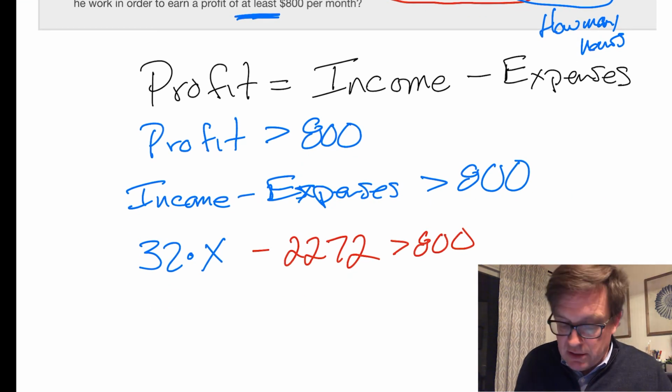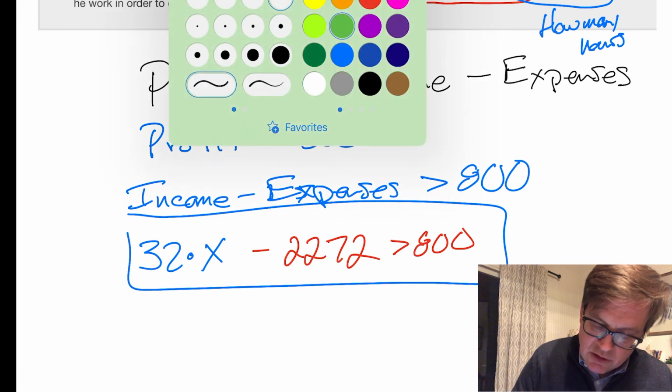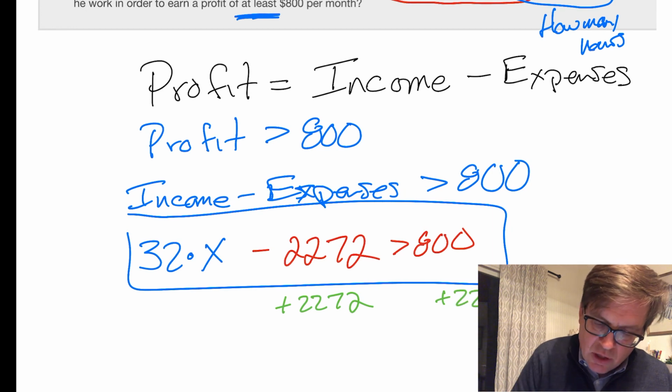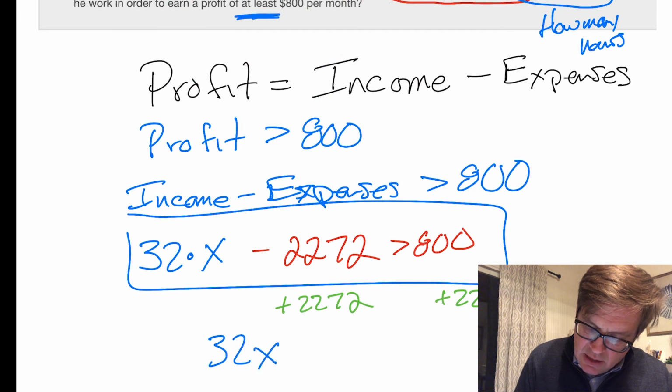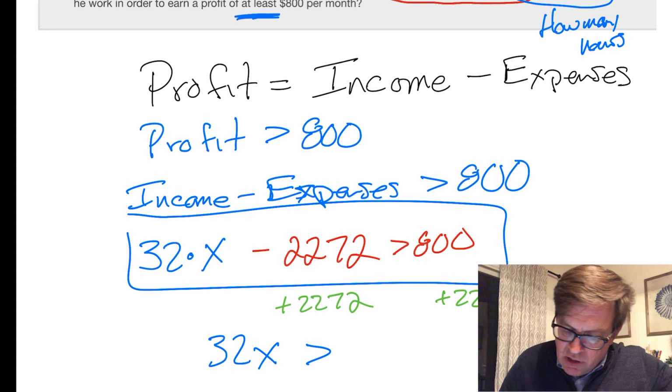So how do we solve that? Well, that's our inequality. How do we solve it? By adding 2272 to both sides. And you get then 32x is greater than or equal to 800 plus 2272, which is 3072.